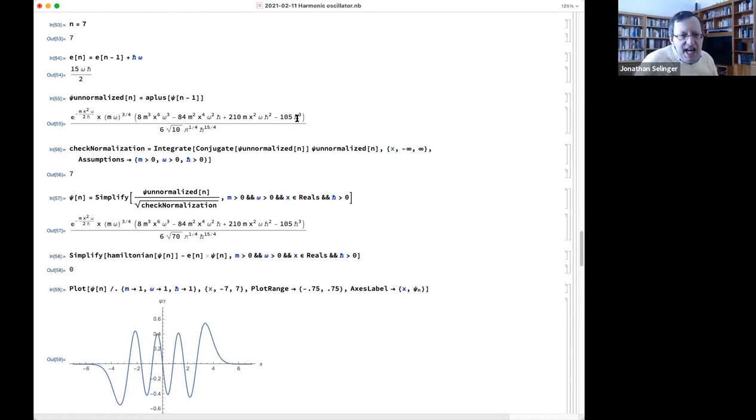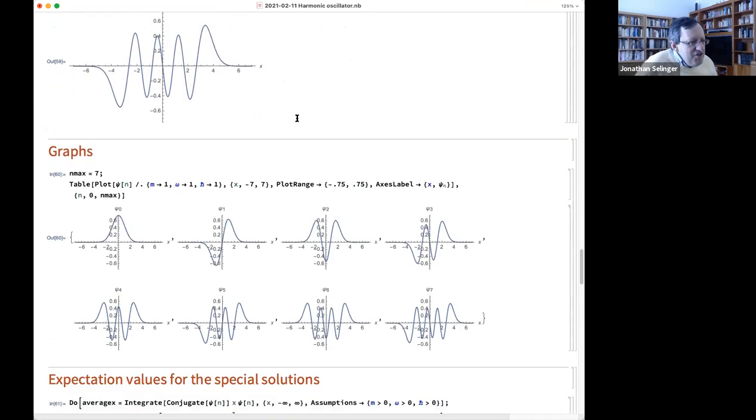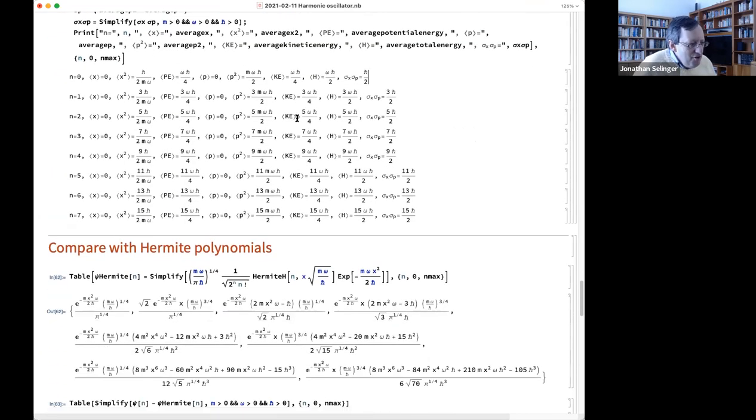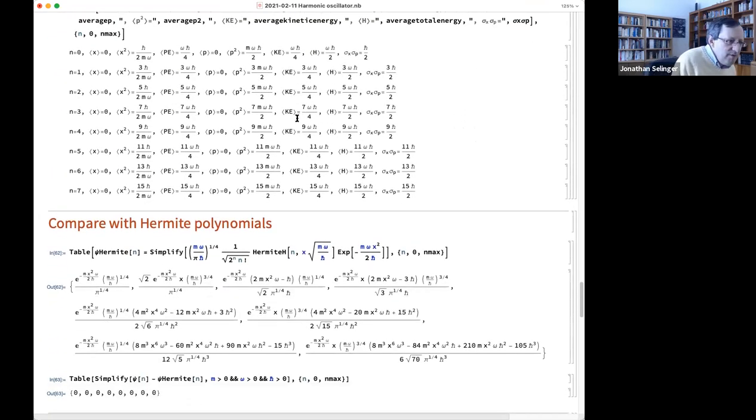There is a name for this family of polynomials. These things are called Hermite polynomials, or it's some constant coefficient times a Hermite polynomial.